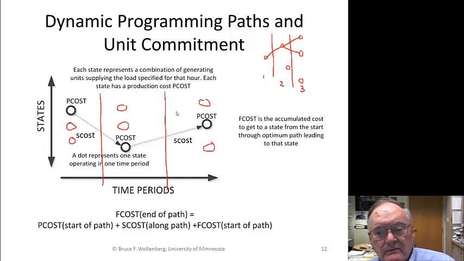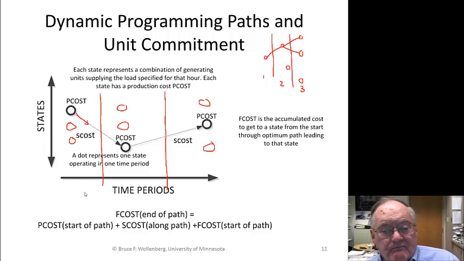I've just drawn the black ones on the slide. It says that we're going to start here and go down this path until we get to this one. At this state, it represents a set of generating units supplying the load during this time.